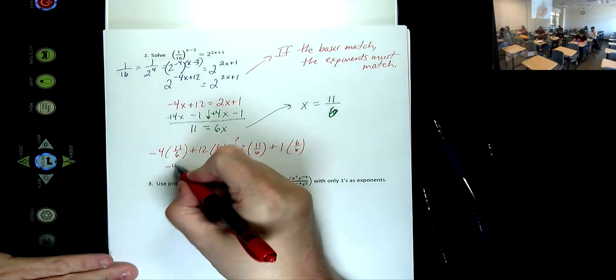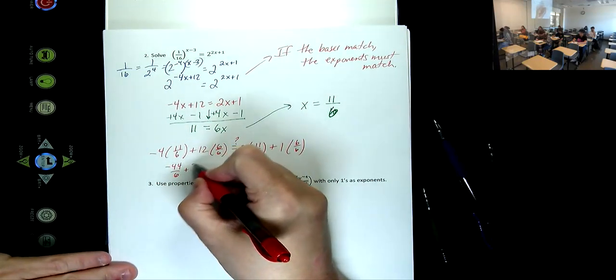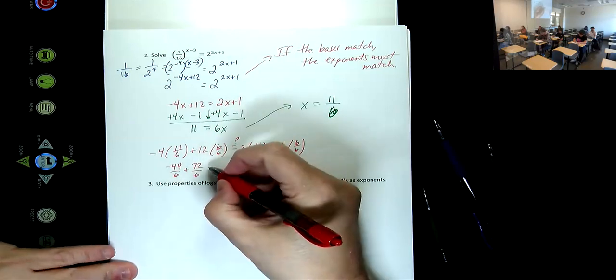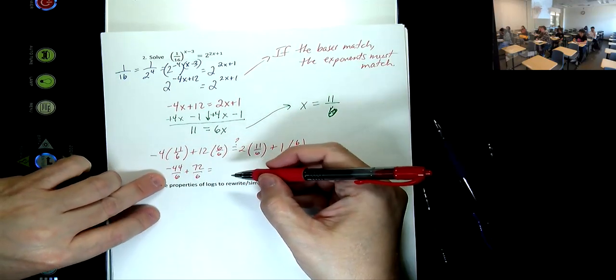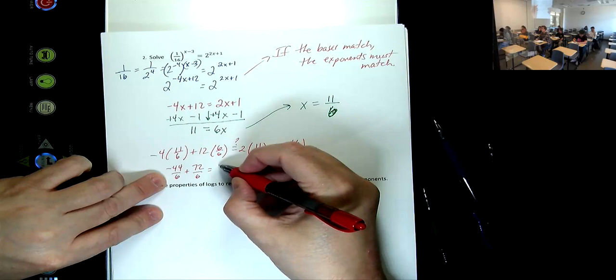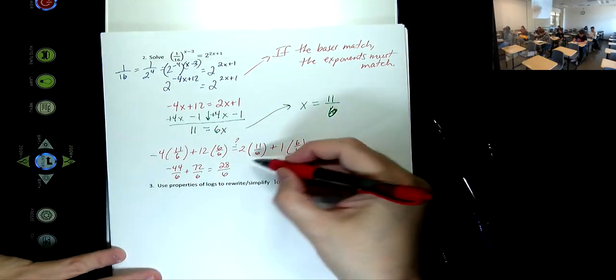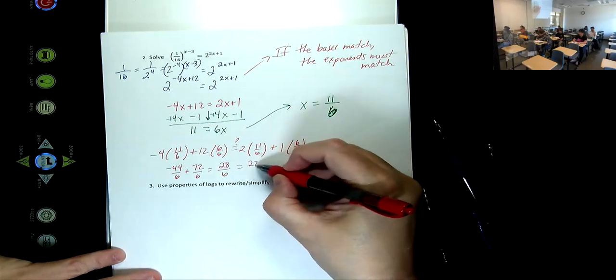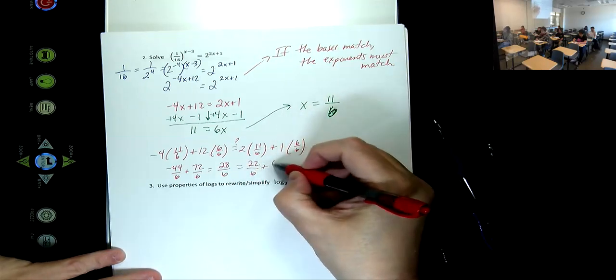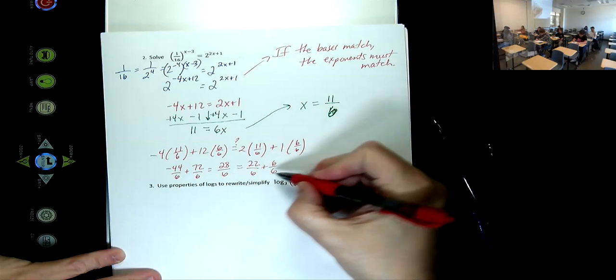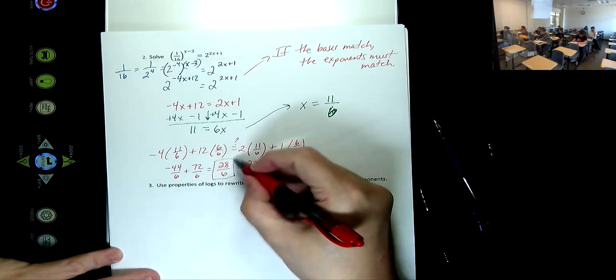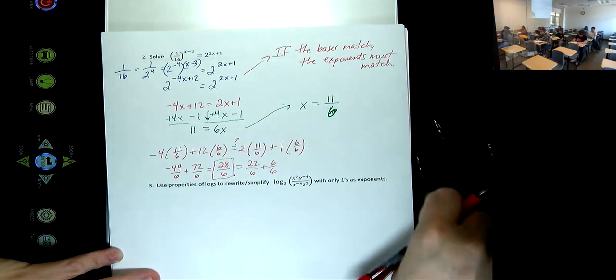Here I got -44 over 6 plus 72, which is 28 over 6. And do I get 28 over 6 on the right? I got 22 over 6 plus 6 over 6. I do get 28 over 6 on the right. So even though it's an ugly number, it is the right number.